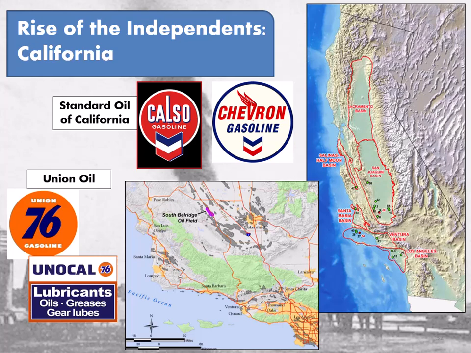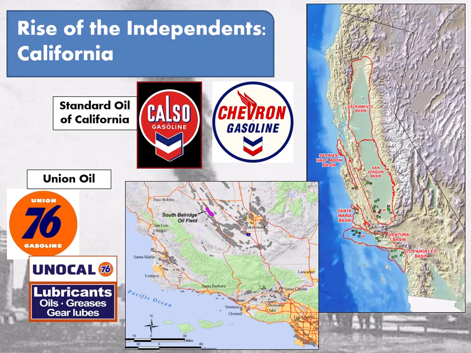Now, Standard Oil is going to come west and do its very best to buy up as many of the producers as it can, and do its very best to monopolize the refining industry on the West Coast in the way that it had on the East Coast. But they're going to enter into competition with the great capital resources of the West Coast.